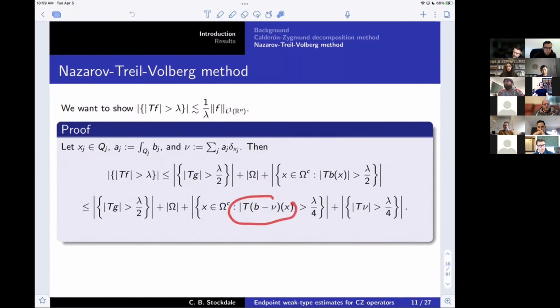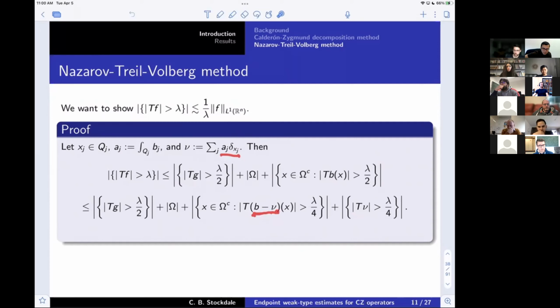Now this term here, we forced cancellation because we're taking b and we're subtracting off measures that are weighted by the integral of bj. So now if we split it up into the bj minus these terms, aj delta xj, each of those terms will now have cancellation, which will then allow us to subtract off a term with the kernel evaluated at a point, and then invoke the smoothness estimate of the kernel and do essentially what we did in the previous proof with the Calderón-Zygmund decomposition.